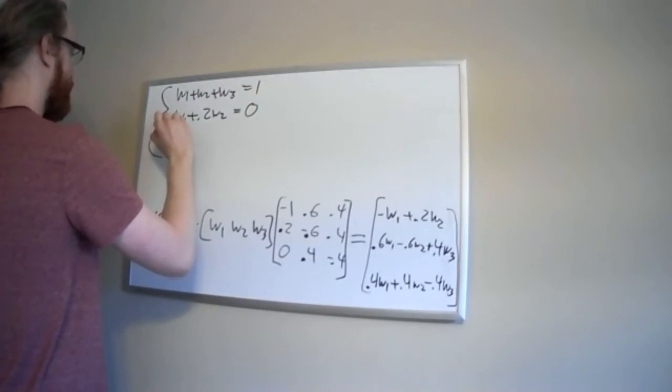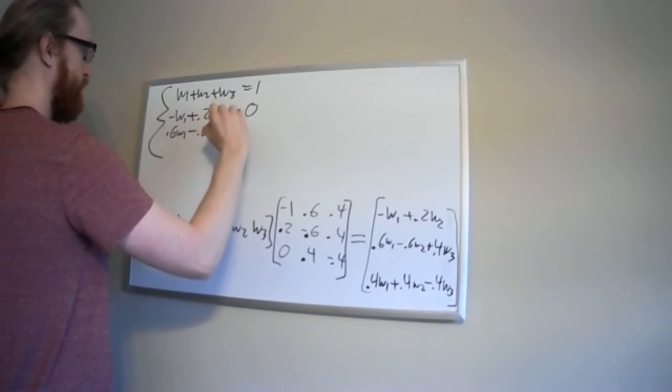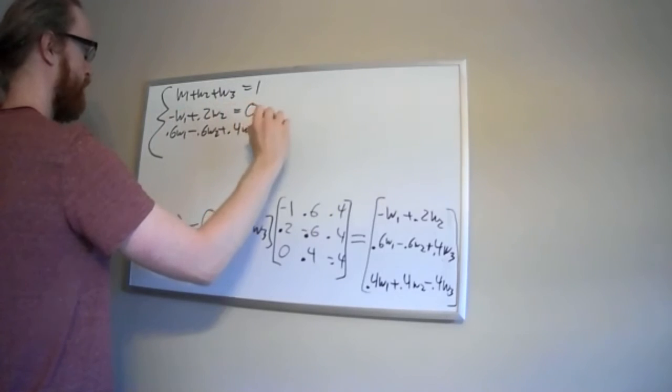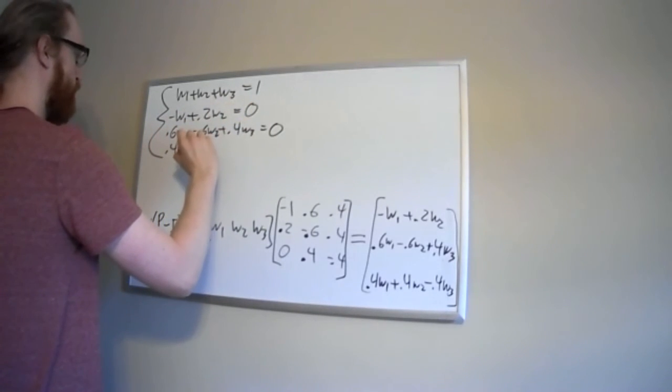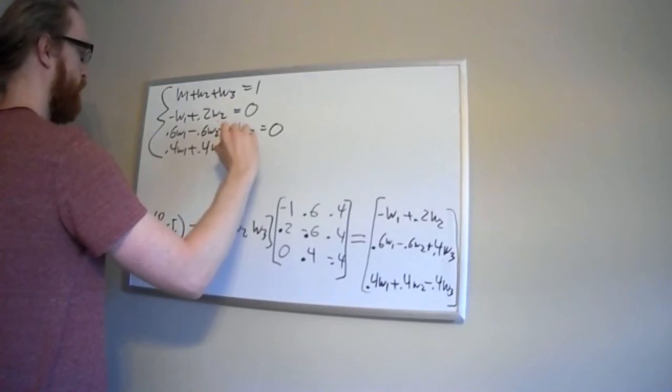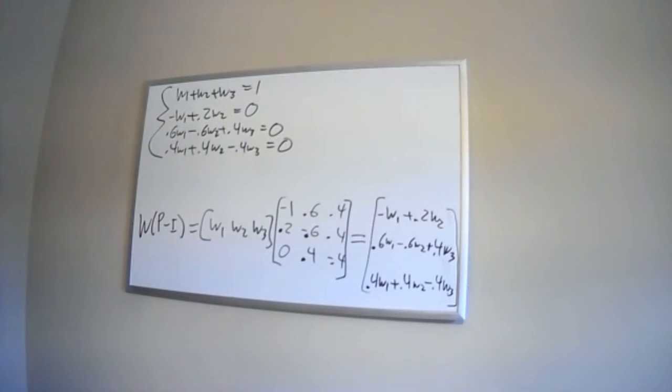I have 0.6 W1 minus 0.6 W2 plus 0.4 W3 equals 0. And then I have 0.4 W1 plus 0.4 W2 minus 0.4 W3 is also equal to 0. Okay, there we go. There's my system of equations. 4 equations with 3 variables.